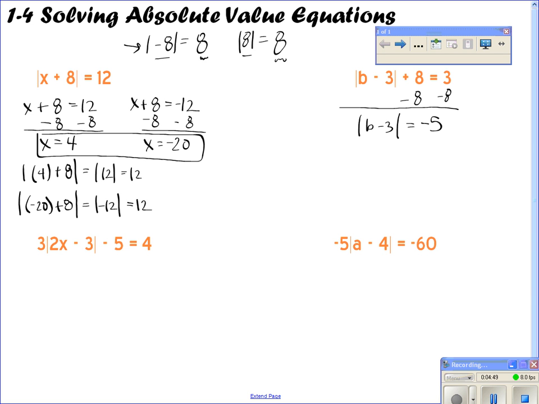Look up here. No matter what, your answer is positive, right? So whenever you have an absolute value, it can never equal a negative number, because the whole reason that you have an absolute value there is to get rid of all the negatives. So whenever you see an absolute value, it cannot equal a negative answer.